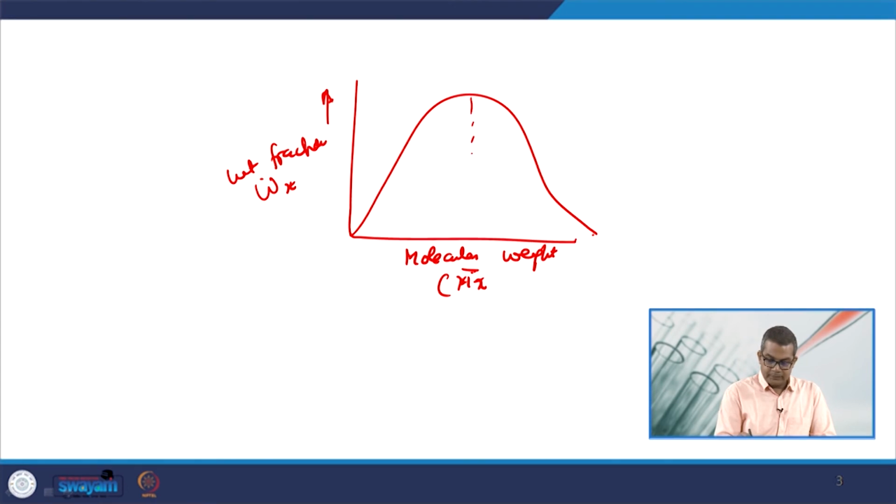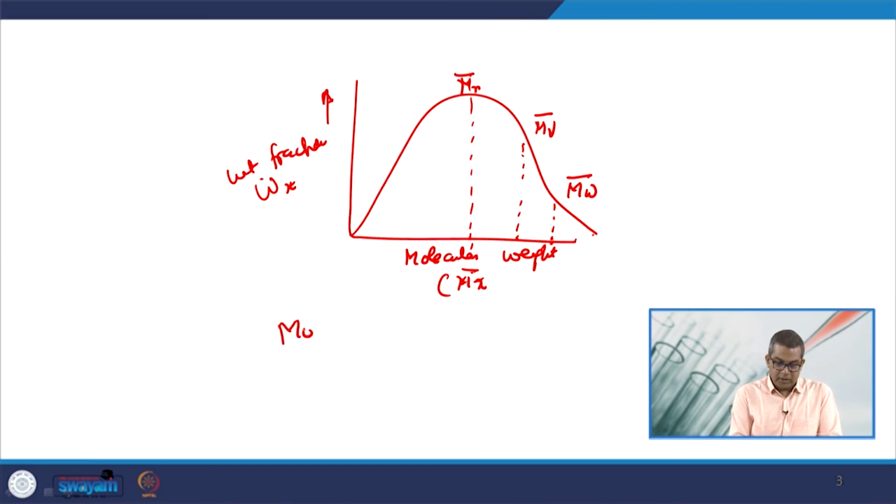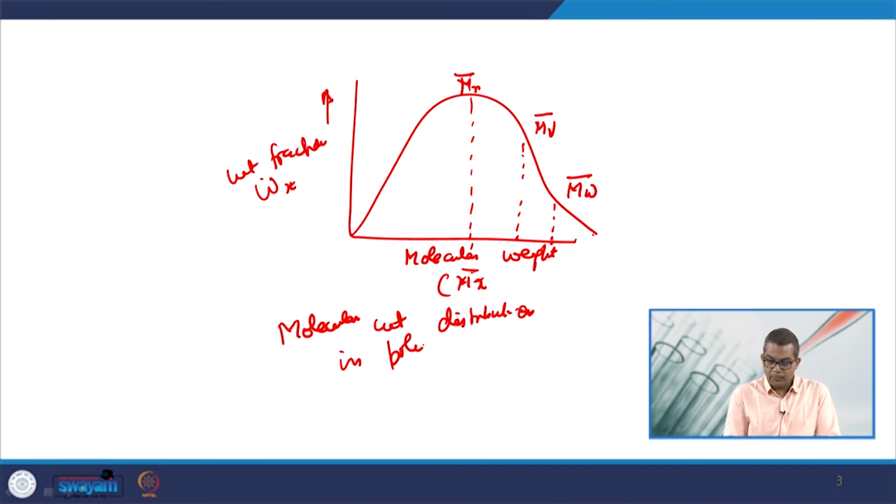Now here this is the number average, and this is the viscosity average, and this one is the weight average. So this is the molecular weight distribution in polymer samples.